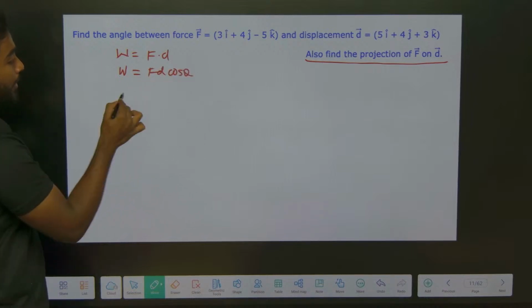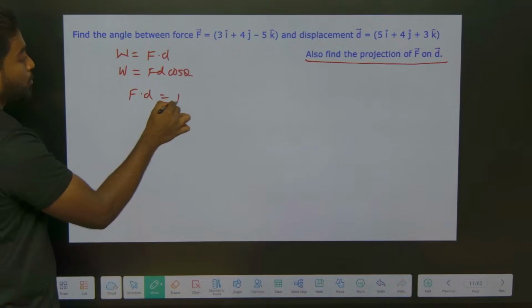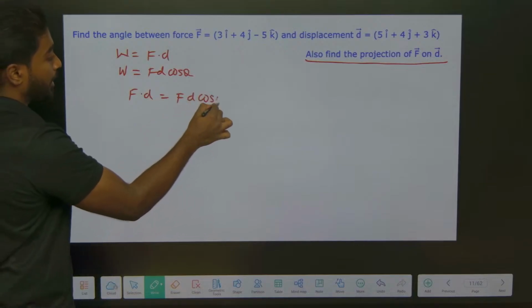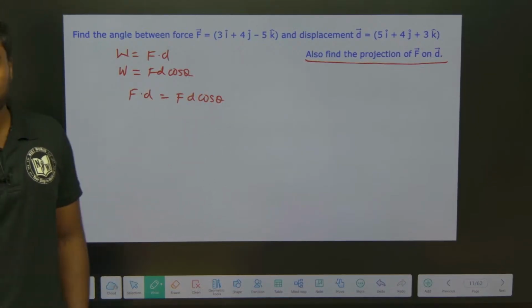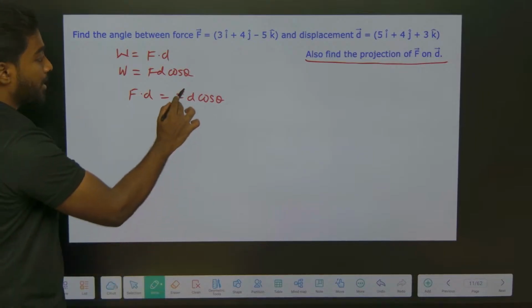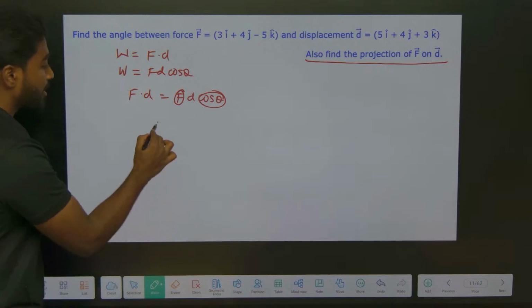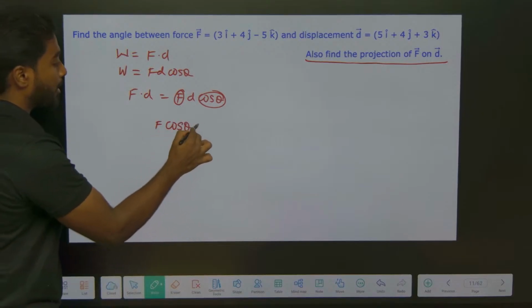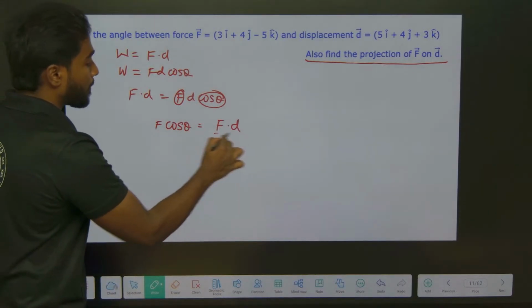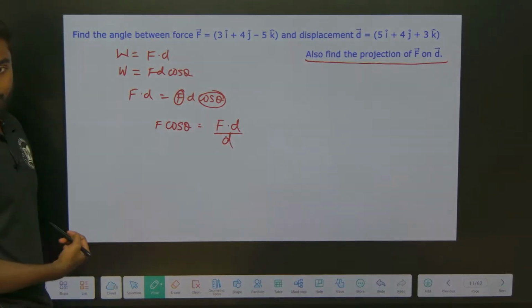So I can equate that, F dot D equals F D cos theta. I need only the projection, right? Projection in the sense that F cos theta is kept on one side and the remaining terms on the other side, which means F cos theta will be equal to F dot D by D.